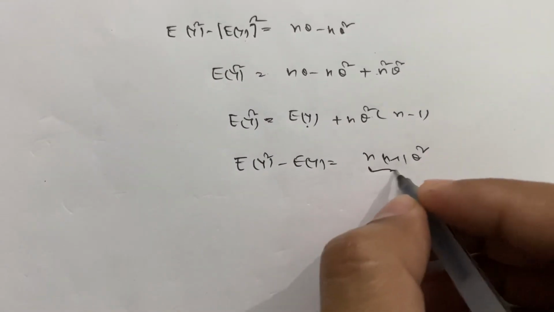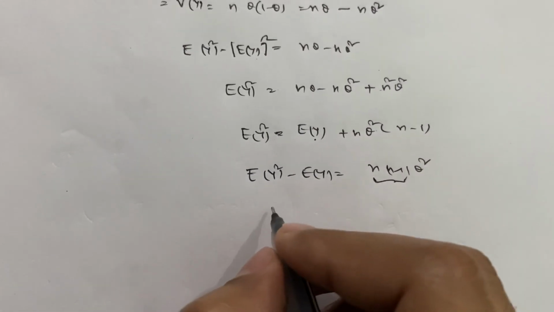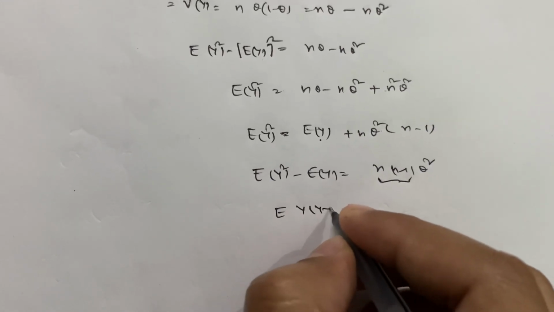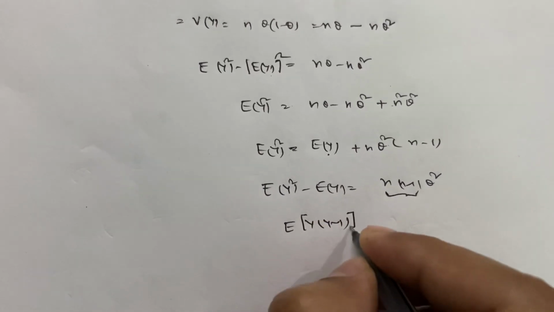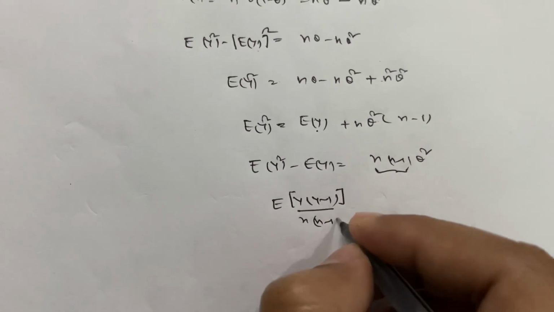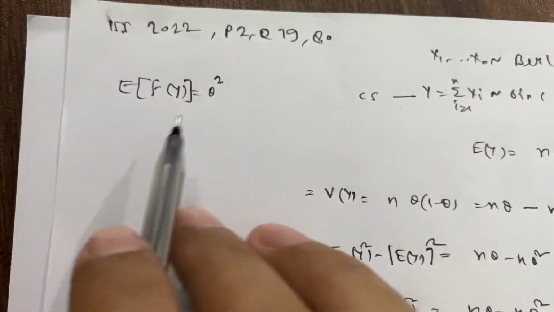Here n minus 1 is constant and theta is the parameter, so we can take common Y, getting Y into Y minus 1, and putting it on the left hand side, we get Y into Y minus 1 by n into n minus 1 is equal to theta square. So now we have found a function of Y which is unbiased for theta square.